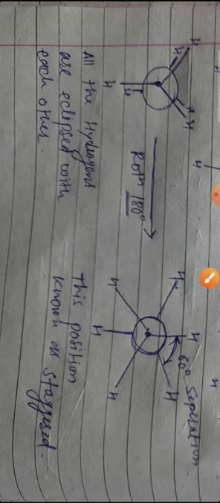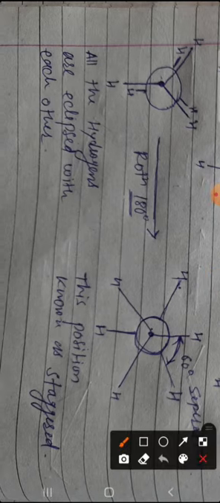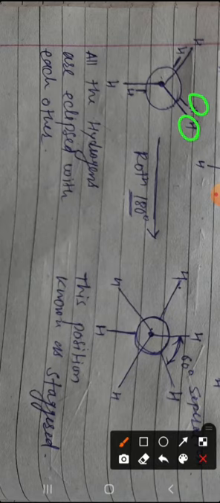And as per that concept, if I take the front hydrogen and back hydrogen in the same position, in front of each other, their electrons repel each other.